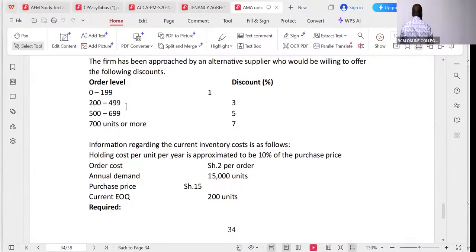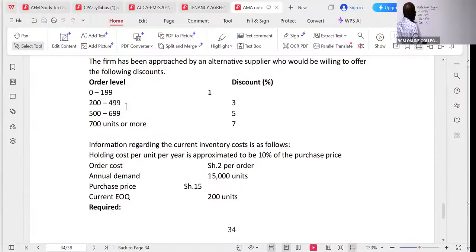So the order level: I can see 0 to 199, 200 to 499, 500 to 699, and 700 to infinity.